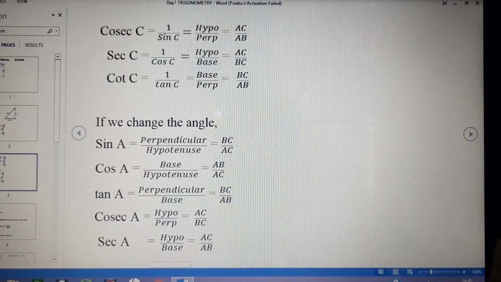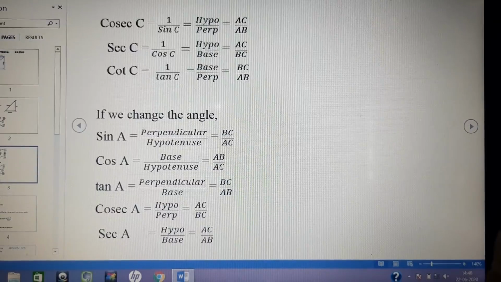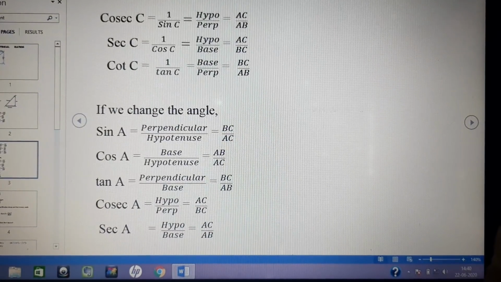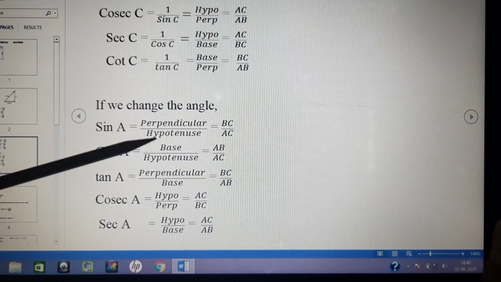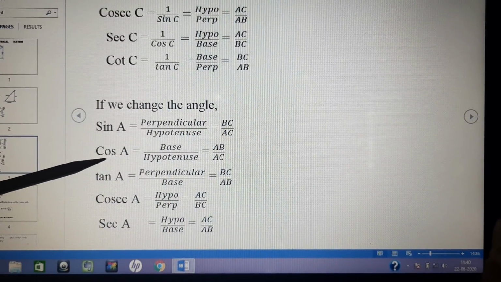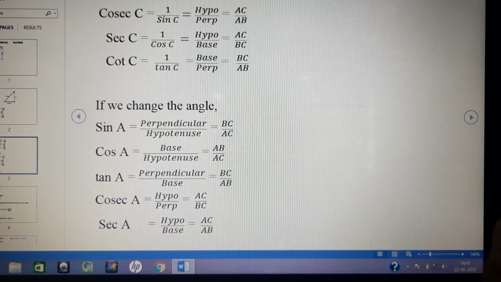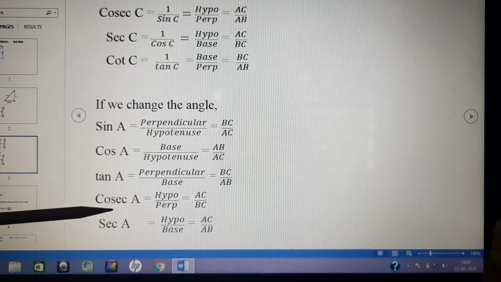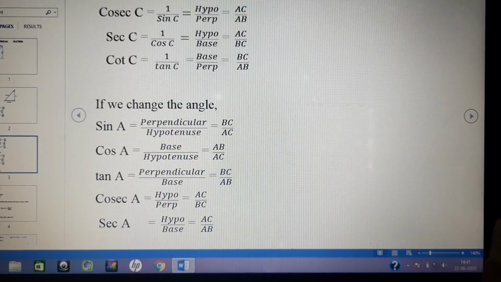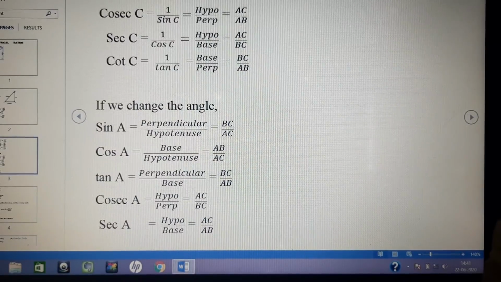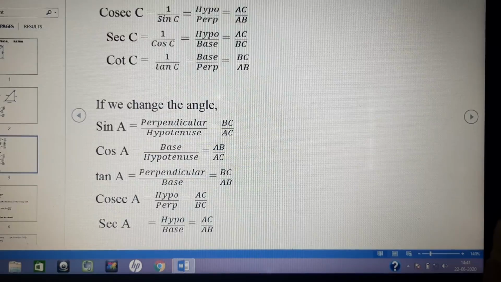The values will change. If we change the angle, the values of all trigonometrical ratios will change. But these formulae remain the same. Sin theta is perpendicular upon hypotenuse, cos theta is base upon hypotenuse, tan theta is perpendicular upon base. For the reciprocals, cosec theta is hypotenuse upon perpendicular, sec theta is hypotenuse upon base, and cot theta is base upon perpendicular.